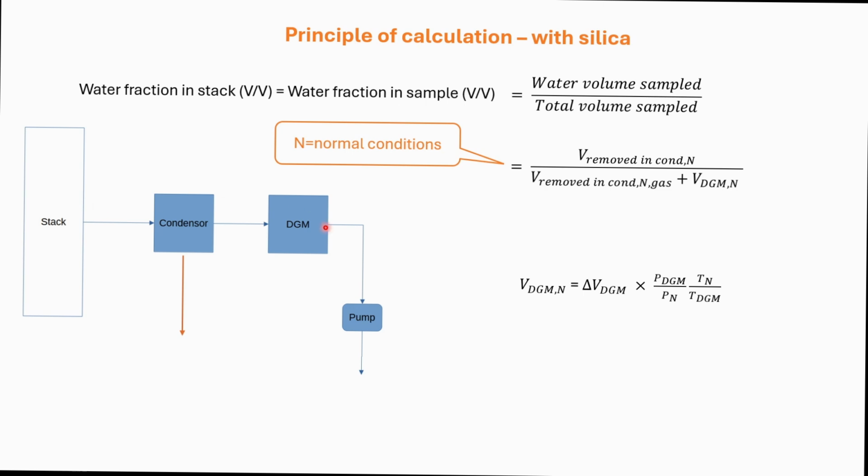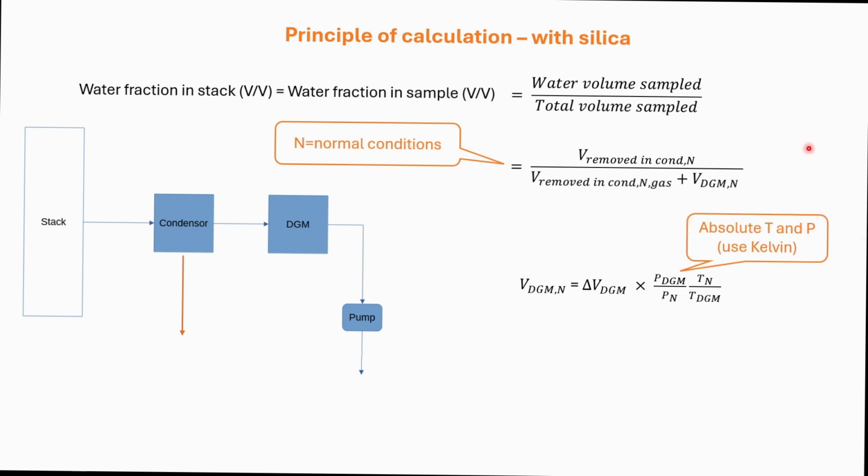That's how much gas we sampled at our dry gas meter's pressure, as the pressure gauge will record, and the temperature of our dry gas meter, which we record with our thermocouple. And we normalize that dry gas meter volume using this term from the ideal gas law. So it's our pressure that we recorded divided by our normal pressure, times the normal temperature divided by our dry gas meter temperature. Important note here, we are working with absolute temperatures and pressures.